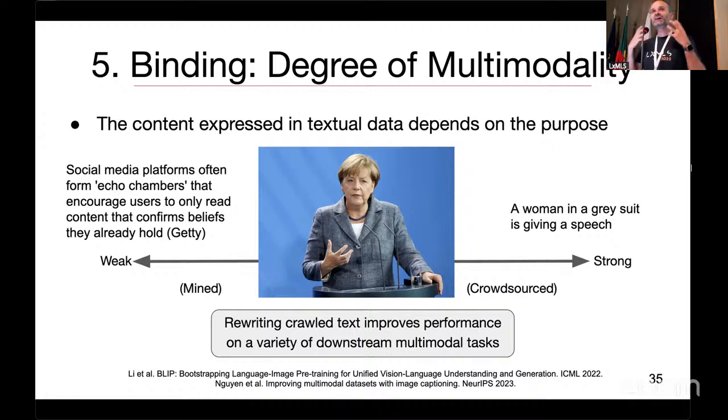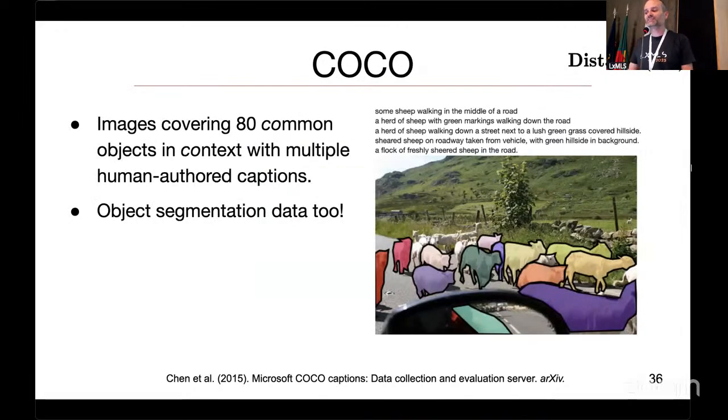So if we apply some of these different perspectives to datasets that are commonly used and seen in the literature, we have the COCO dataset, which is typically used for image captioning, or you could use it for retrieval. It's a dataset of images covering 80 common objects in context with human-authored captions.